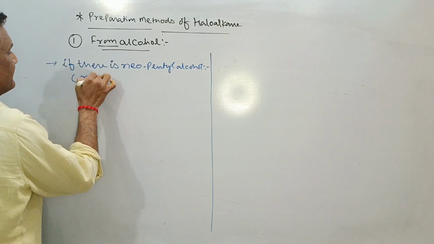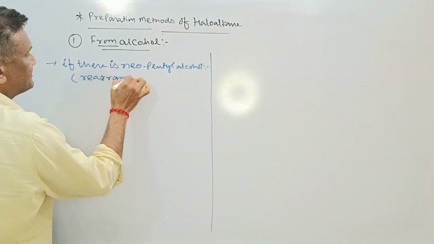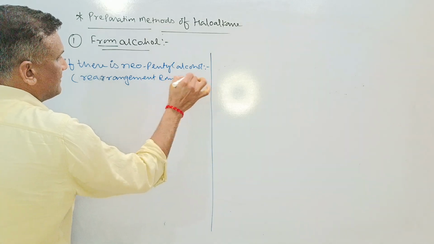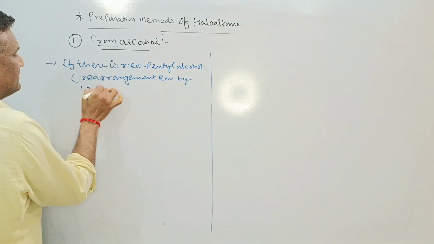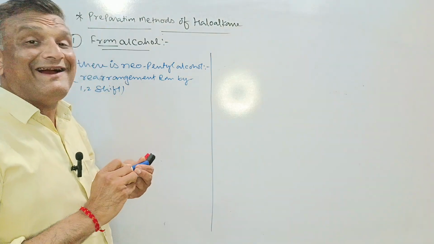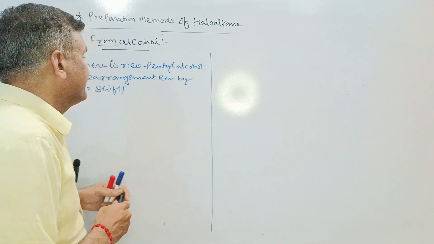rearrangement reaction by 1-2 shift, meaning the reaction will proceed through a 1-2 shift rearrangement. Why? Because, as I told you, of formation of the stable carbocation.